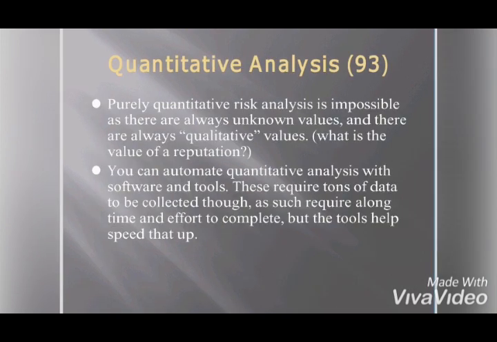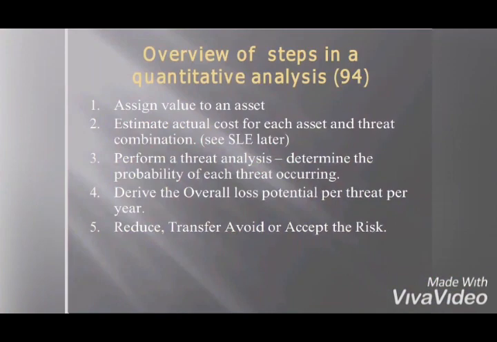Purely quantitative risk analysis is impossible as there are always unknown values and there are always qualitative values. You can automate quantitative analysis with software and tools. These require tons of data to be collected, and as such require a long time and effort to complete, but the tools help speed that up.